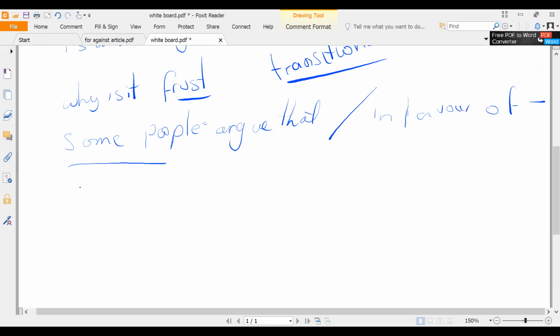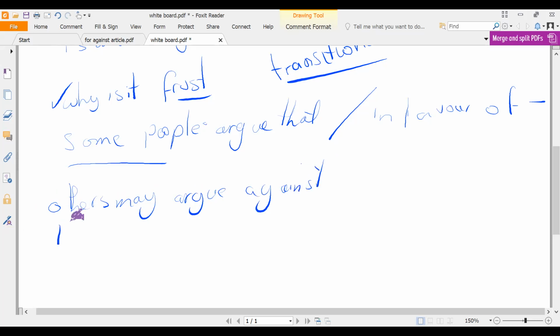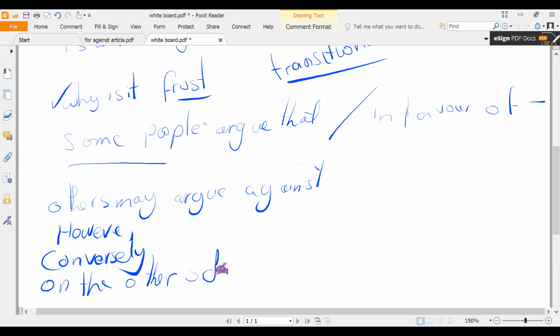In the third paragraph, instead of saying why is it frustrating, you say others may argue against. Or you can start it with the word however. You can start it with conversely, on the other side. You got me now?